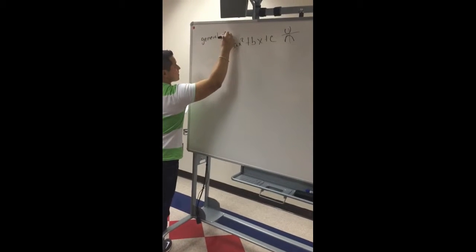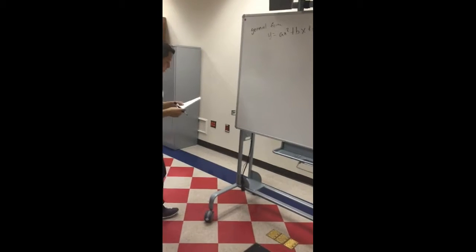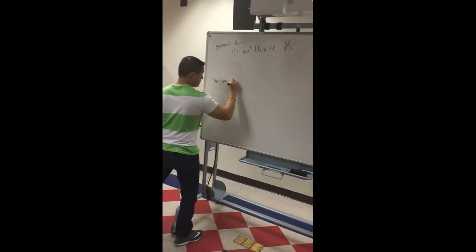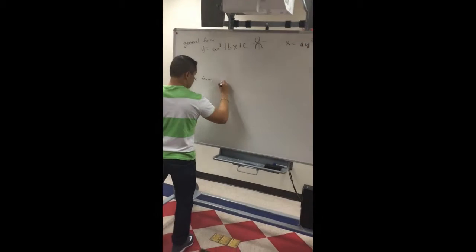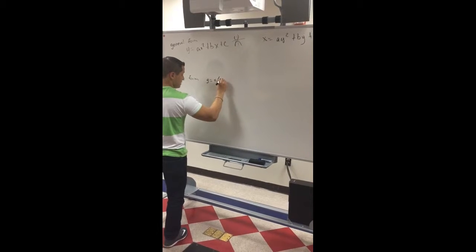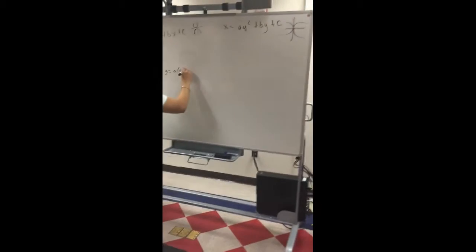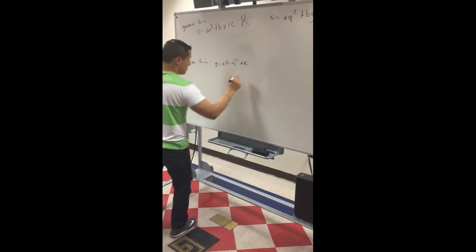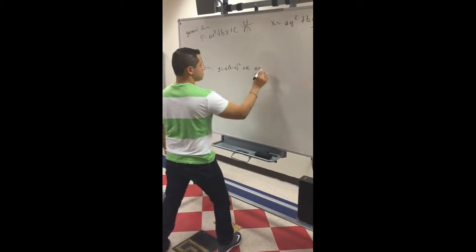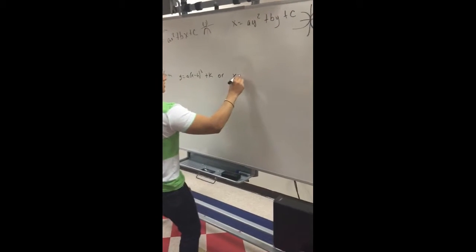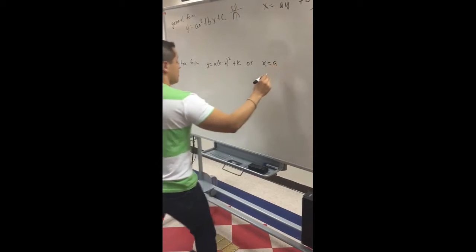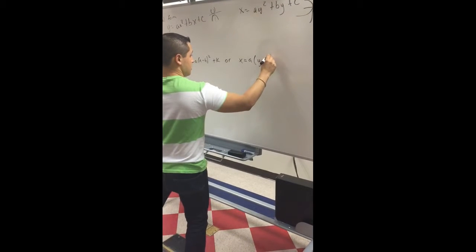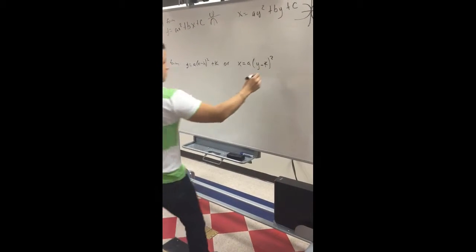Now let's talk about the vertex form. The vertex form would be y equals a(x minus h) squared plus k, or x equals a(y minus k) squared plus h.